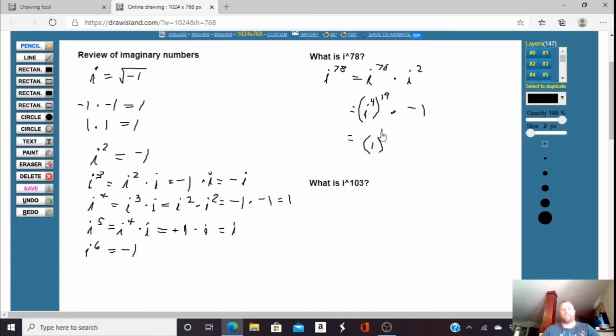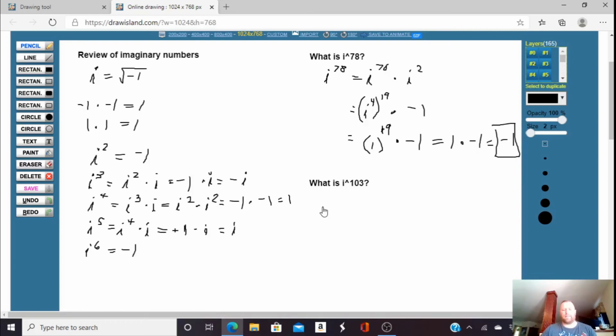So 1 to the 19th power times -1. Well, 1 to any power is just 1, so this becomes 1 times -1, which just equals -1. So a little bit of a process to figure that out, but we come to our solution as -1.